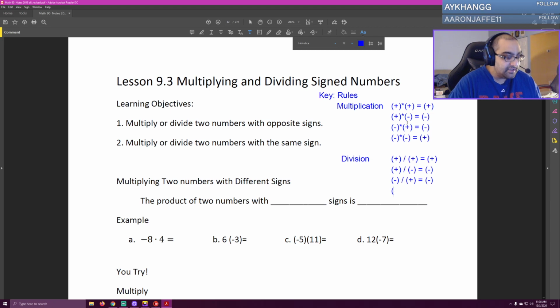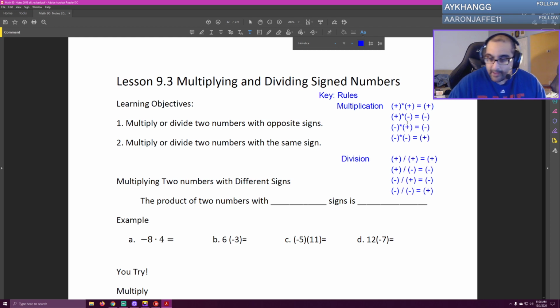And then finally, we have a negative number, and we divide that by another negative number. As we mentioned for multiplication, two wrongs make a right, and that holds here. So a negative divided by a negative is equal to a positive.